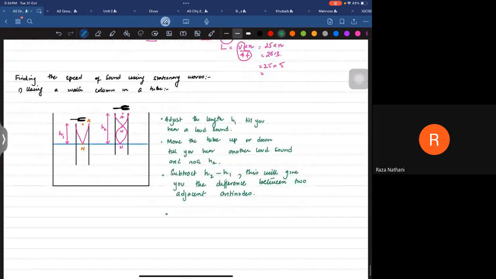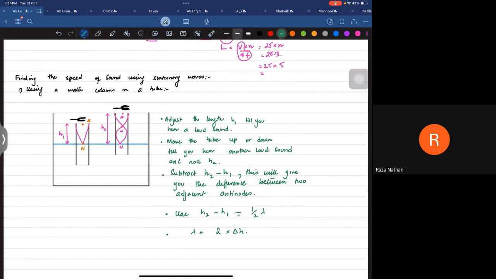When you subtract length 1 from length 2, you get the distance between nodes, because the node is formed at H1 and the next is at H2, so the difference between those is equal to half lambda. So we can say that lambda is 2 times the difference in height. Is that clear, everyone? Yes.